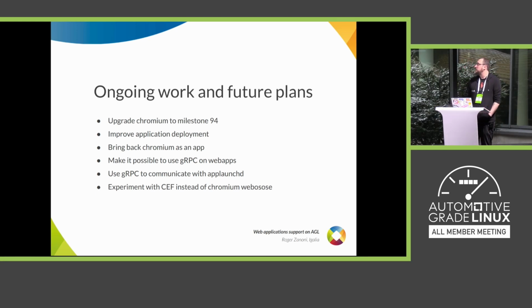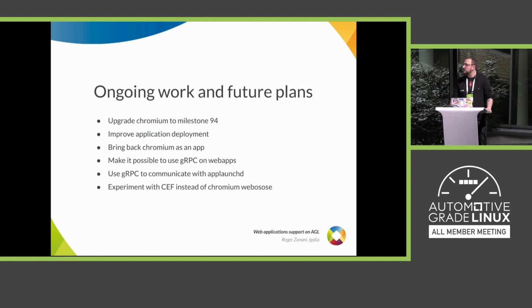Another plan is to make it possible to use gRPC on the web app side. We already have gRPC server and clients implemented in Chromium, but we can't, for example, use a proto file from the Cuxa project and generate code that can be used by the web applications.